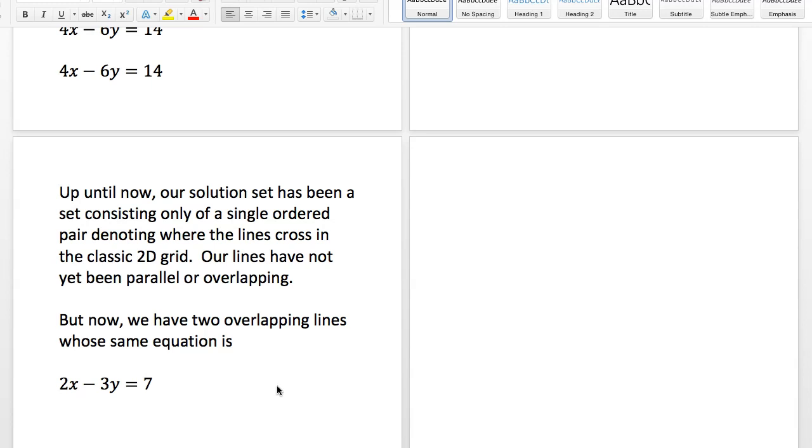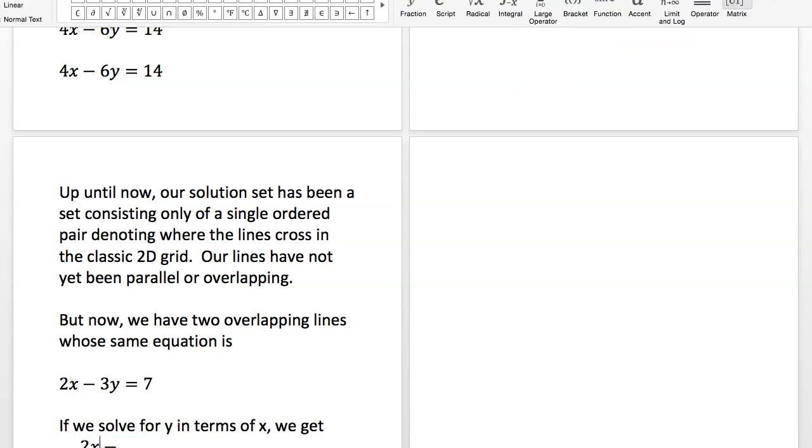The solution set, if we solve for y in terms of x, we get y equals f of x. Well, but who is f of x? Let's see, if we solve for y, what do we get?